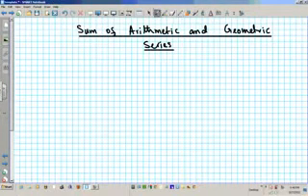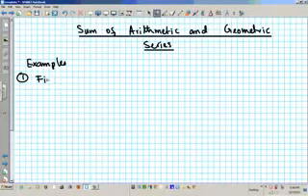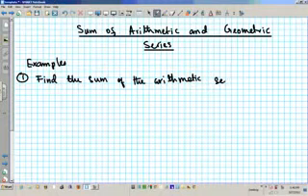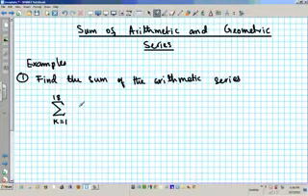So our example number one: find the sum of the arithmetic series, sigma from k equals 1 to 18 of 3k plus 4.